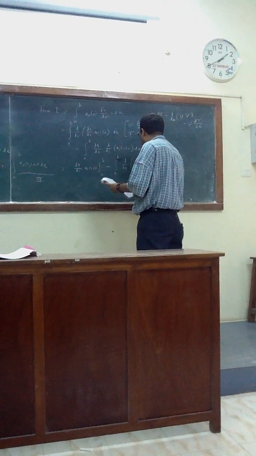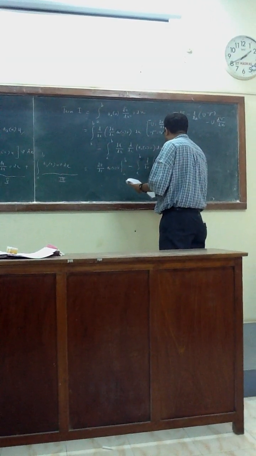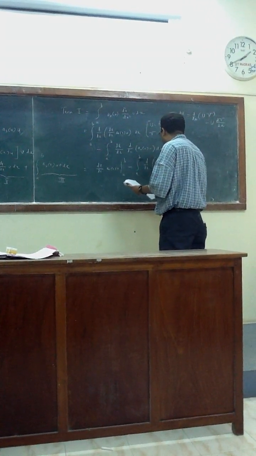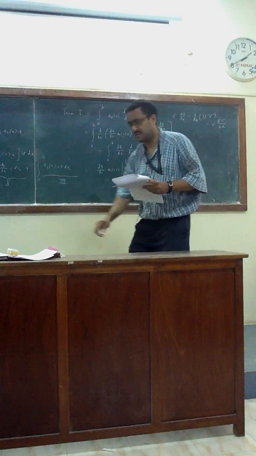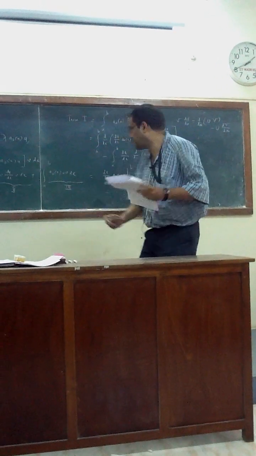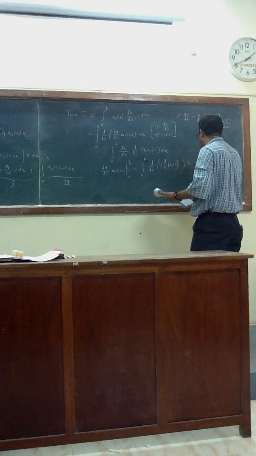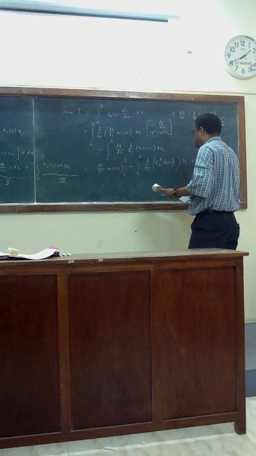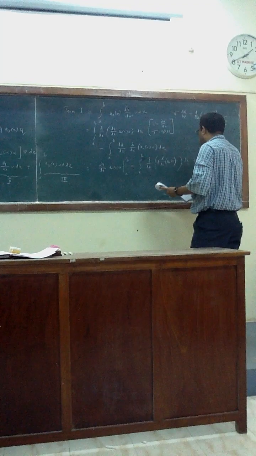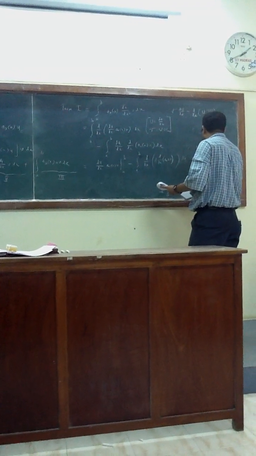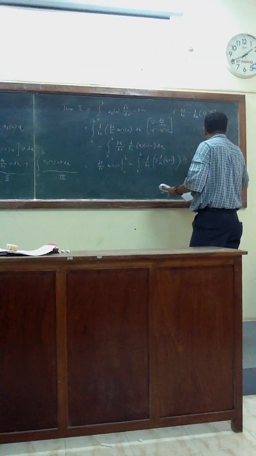Am I correct? Minus, it should be plus integral a to b, which is u d2 by dx square of a0(x) v dx. Am I correct? Yes. So what actually will happen?